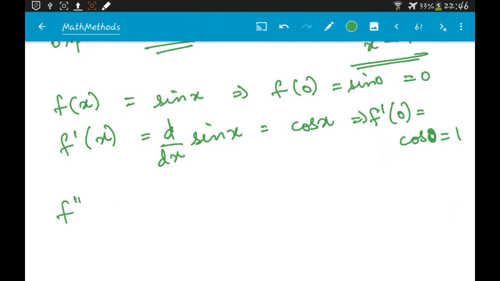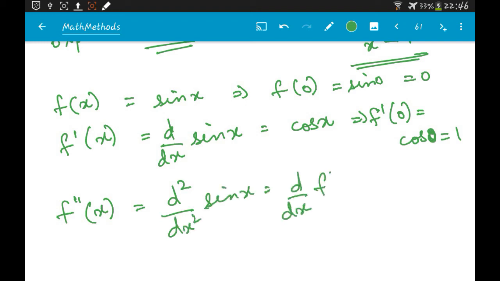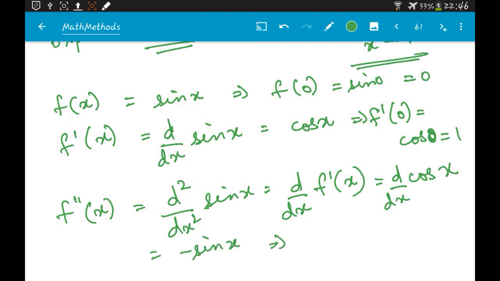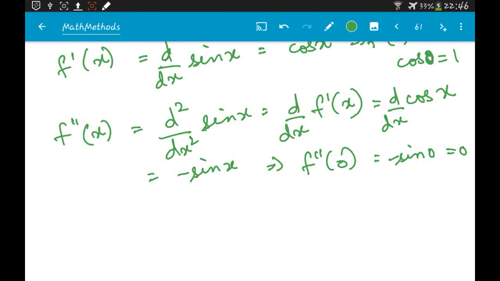Now f double dash of x is d2 by dx square of sine x, which is nothing but d by dx of f dash of x, which is d by dx of cos x. So we will get minus sine x. So f double dash of 0, you now substitute 0 for x. So you will get minus sine 0, which is 0. Okay, so you can keep doing it that way.